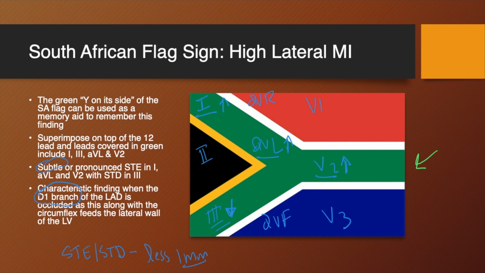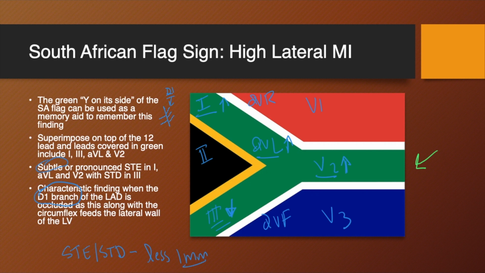And so you've got the LAD that comes down, then you've got D1, D2, D3, the diagonal arteries, and then you've got your septal arteries, S1, S2, etc. So it is this first diagonal artery that comes off of the LAD, and this is important because this feeds the high lateral wall.